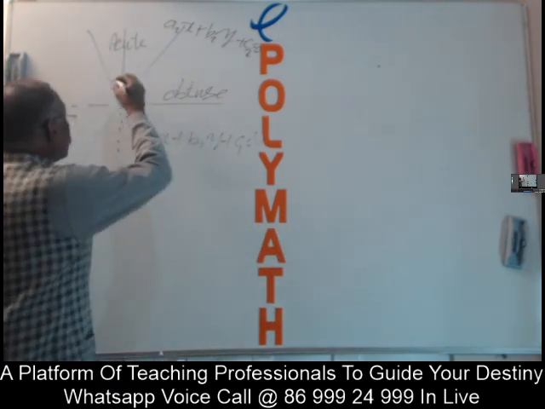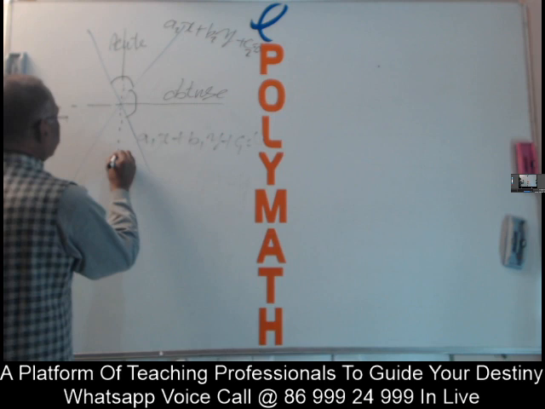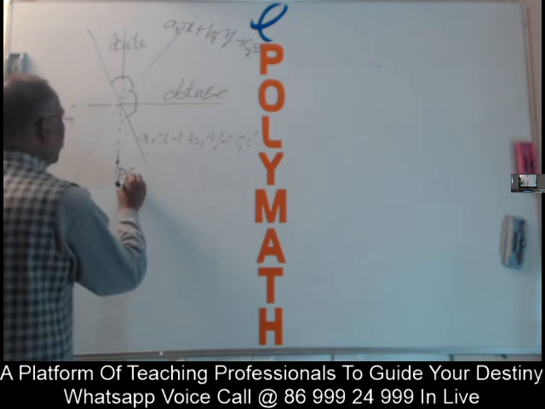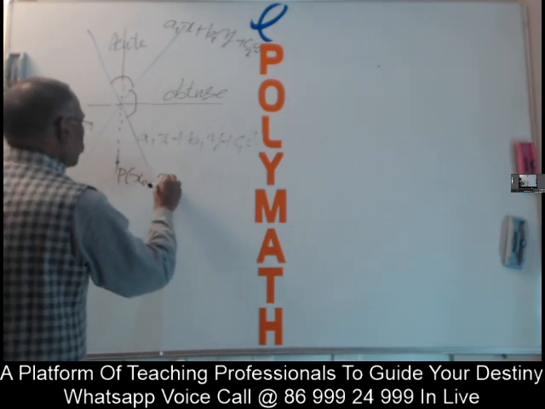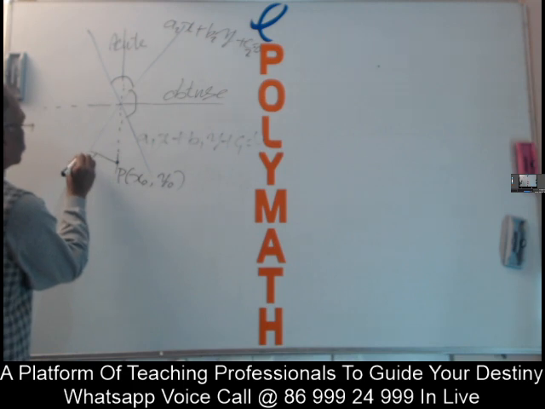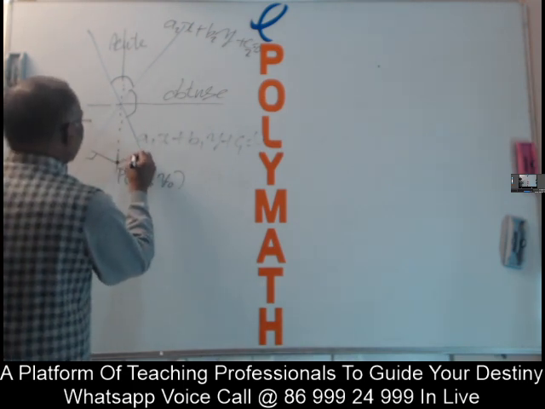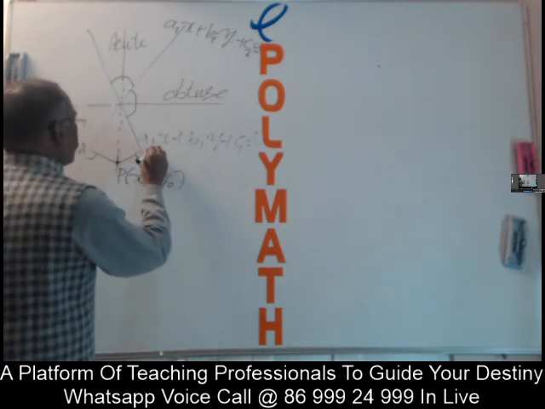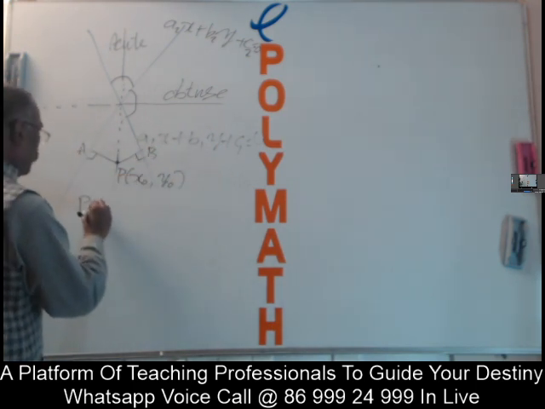What does it mean? If you take a point here, for example, I have taken a point P (x0, y0). Now, if you take the perpendicular distances, PA is equal to PB.